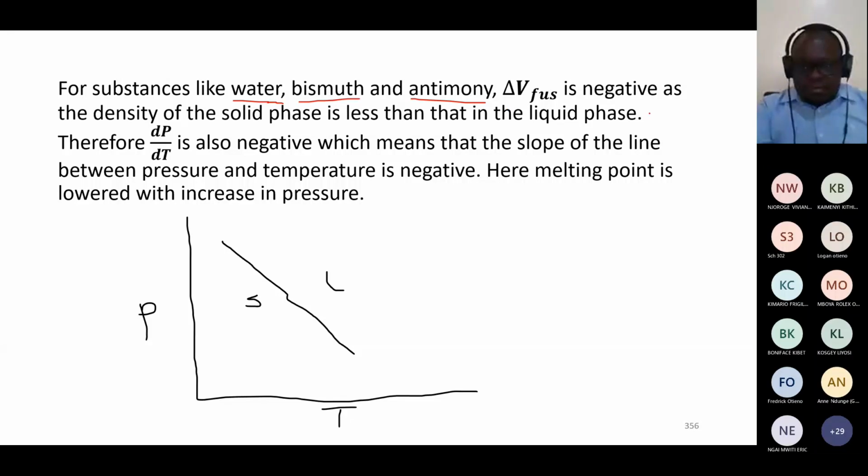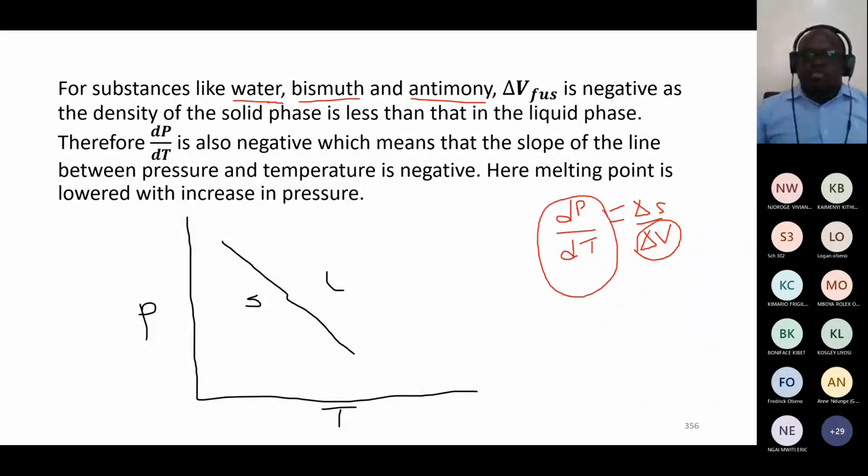Our expression, the Clapeyron equation, is dP over dT equals delta S over delta V. If this delta V is negative, it means that dP over dT is also going to be negative, which means that the slope of the line between pressure and temperature is negative.